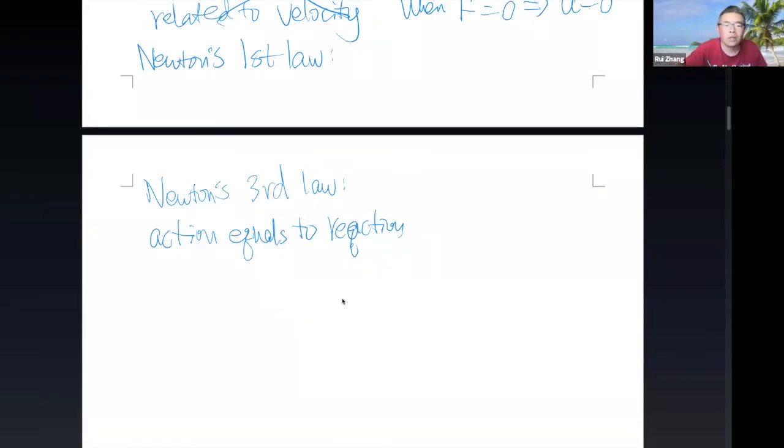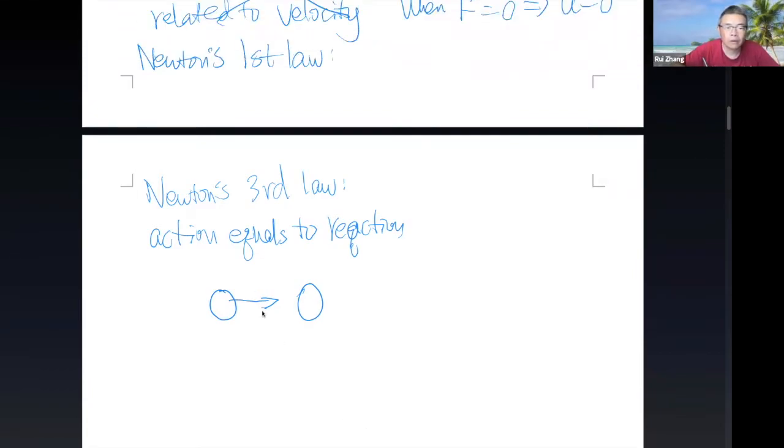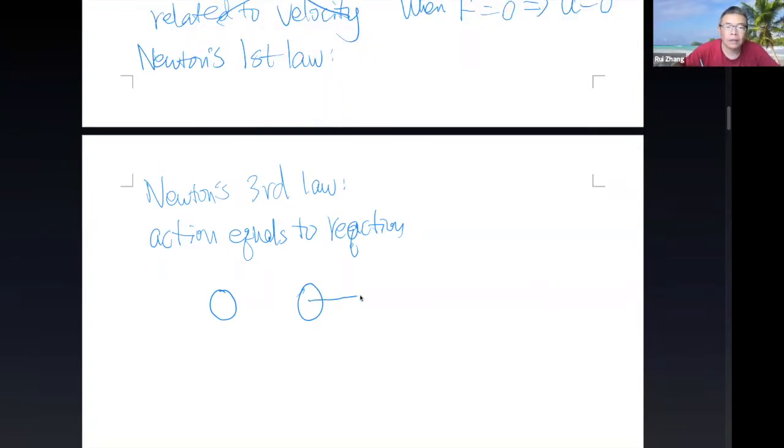So basically, according to Newton's third law, you have two objects here. Let's say the first object exerts a force on the second object. This is object 1, this is object 2. Let's call this force F12.